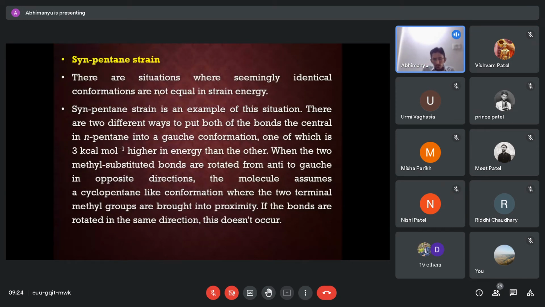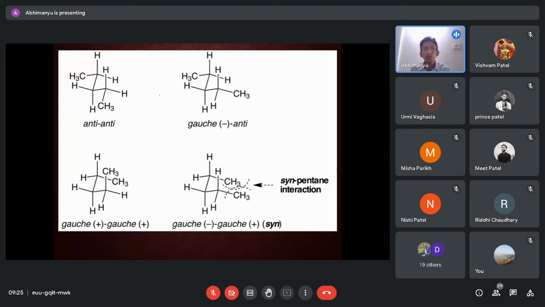You may have many doubts: don't all molecules do this? Yes, all molecules tend toward minimum repulsion and maximum stability, but the theory is different. For example, syn-pentane strain. Here you can see that 1, 2, 3, and 4 are all different rotamers, different conformations of pentane molecules.